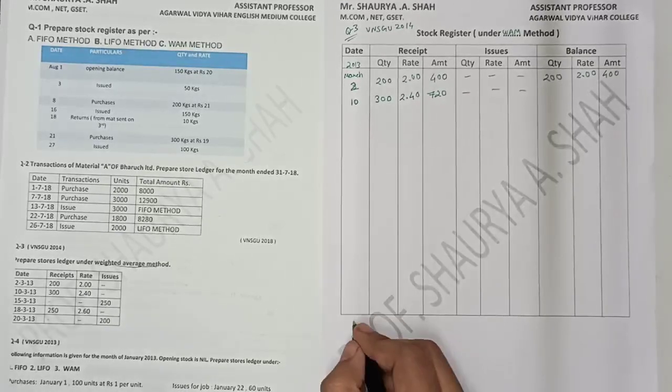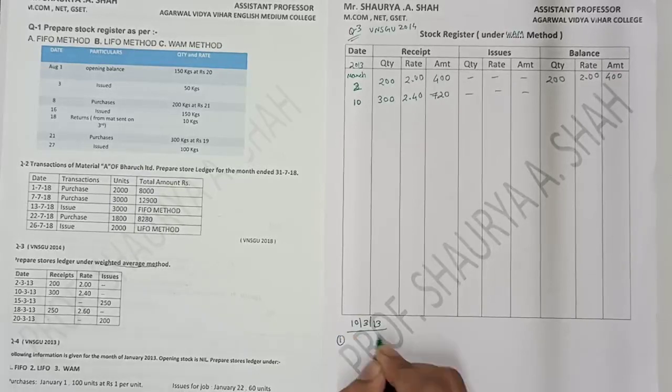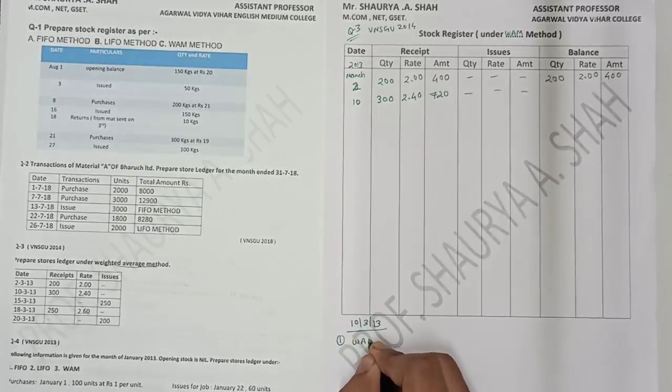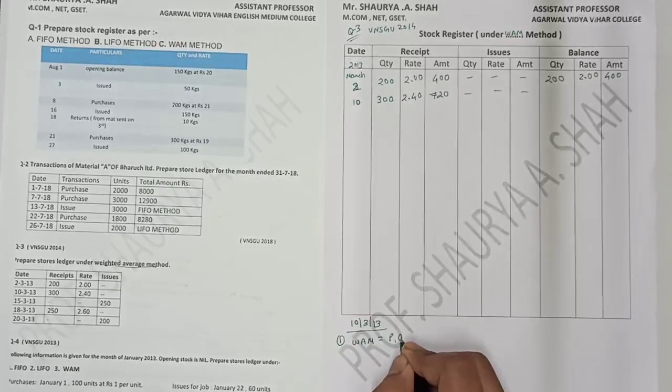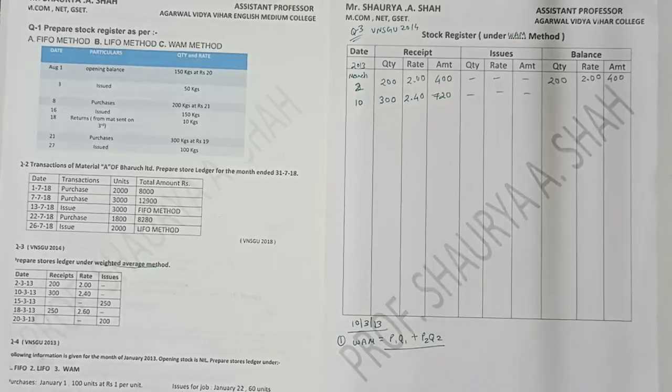So calculation, after your formats you can do the calculation as I already informed you. What you need to do is remember the formula. For your knowledge I am writing, it is P1 Q1 plus P2 Q2 upon Q1 plus Q2, right?